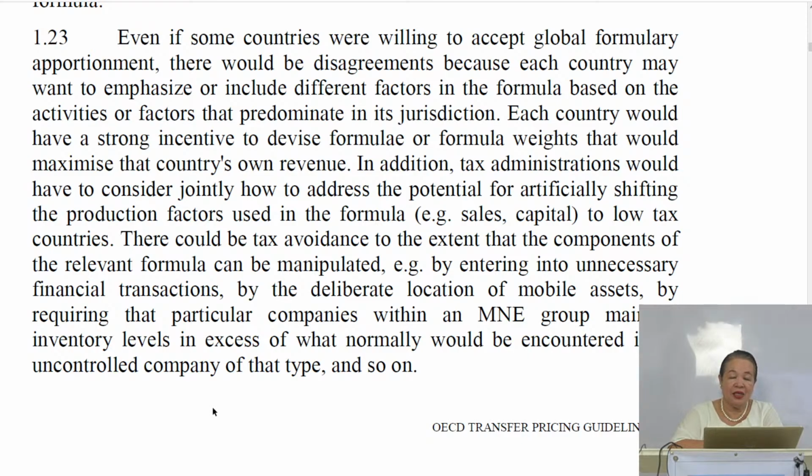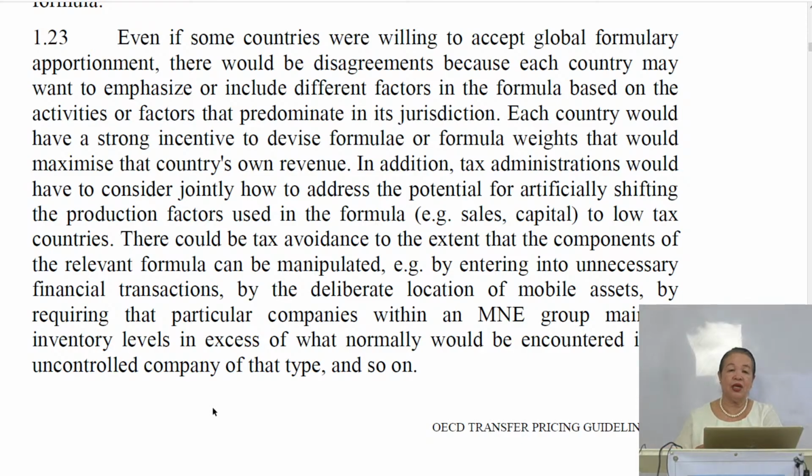Kasi kung pre-agreed dyan, may mga politics na napapasok dyan, eh, no? So by the deliberate location of mobile assets, by requiring that particular companies within an MNE group maintain inventory levels in excess of what normally would be encountered in an uncontrolled company of that type. So maraming mga issues na face yung global formulary apportionment.